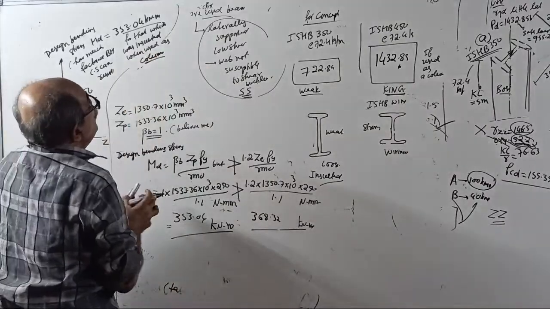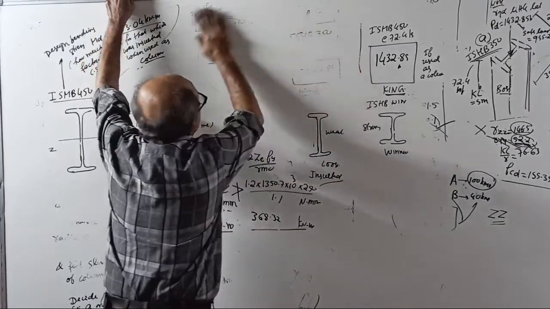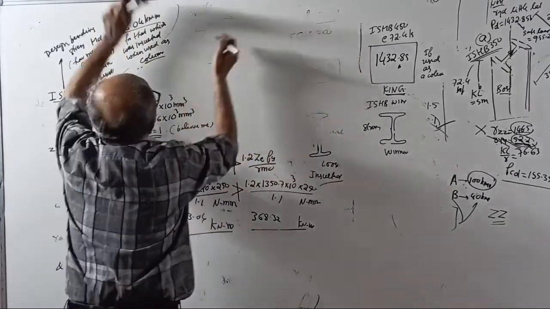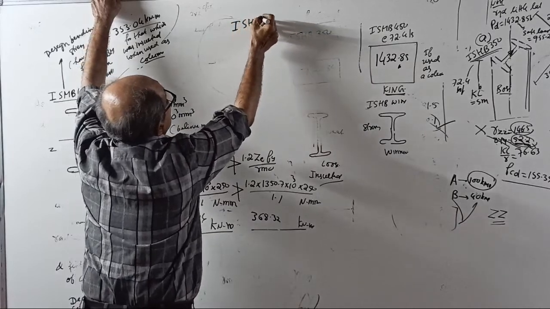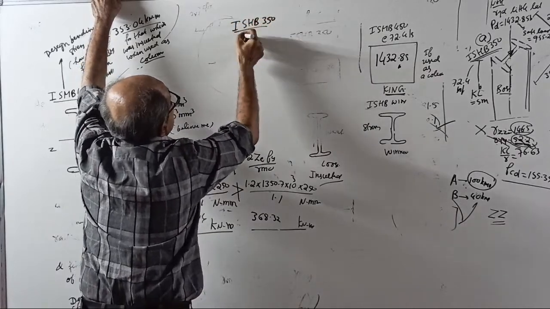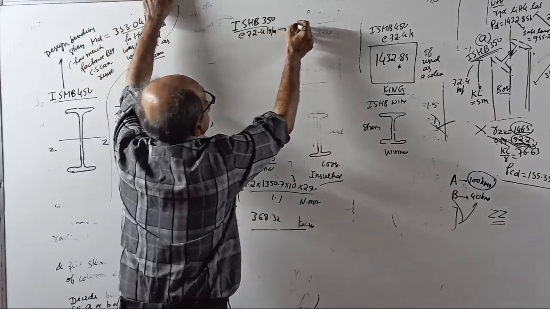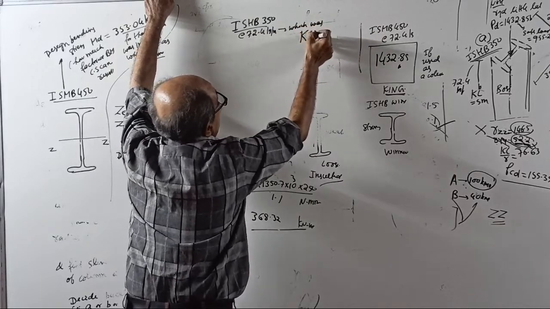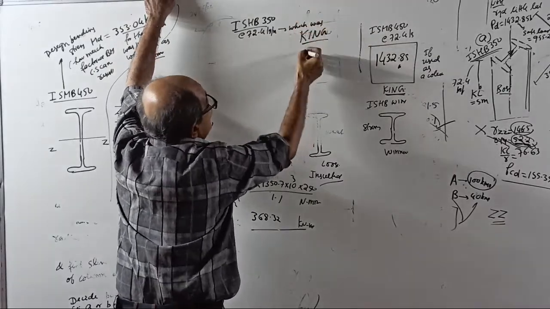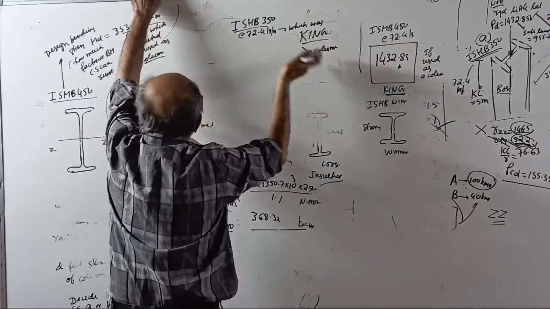Okay. Now do one thing. Consider the second one. Now consider that ISHB 350 at 72.4 kilogram per meter, which was king when used as a column, which insulted this beam.